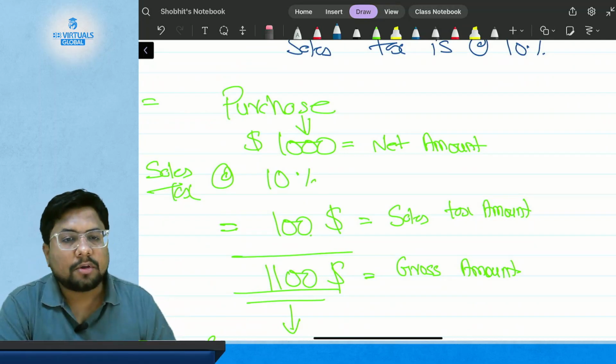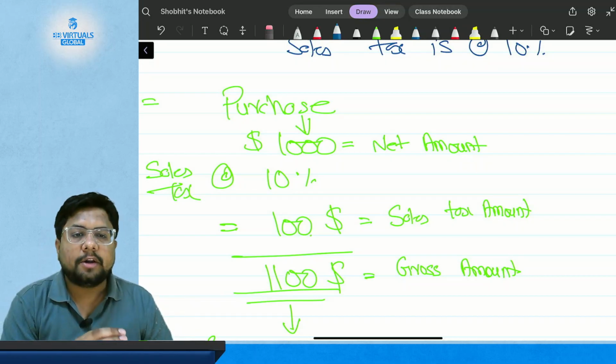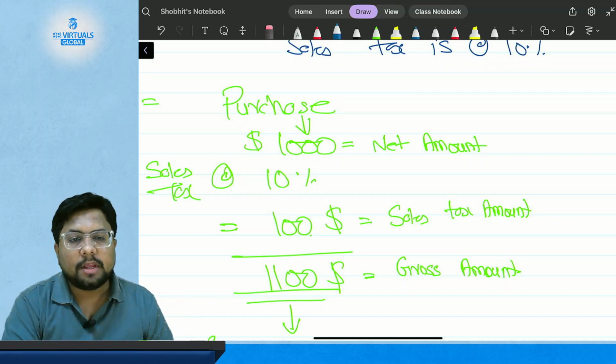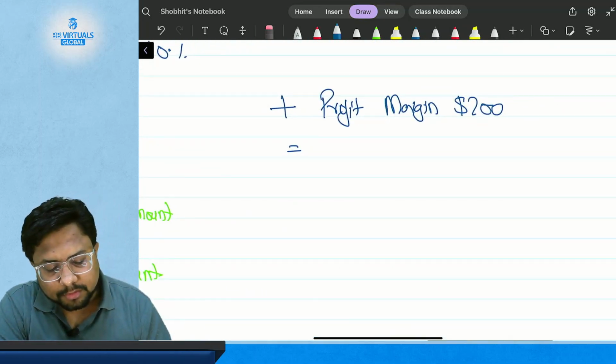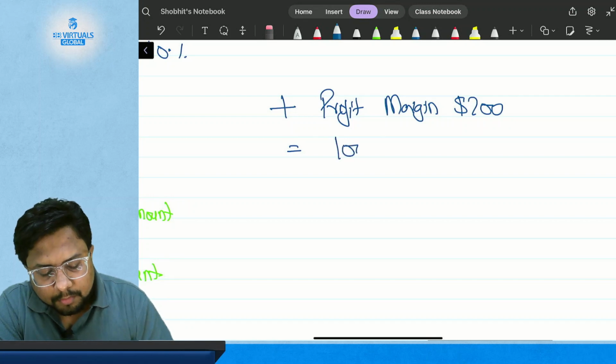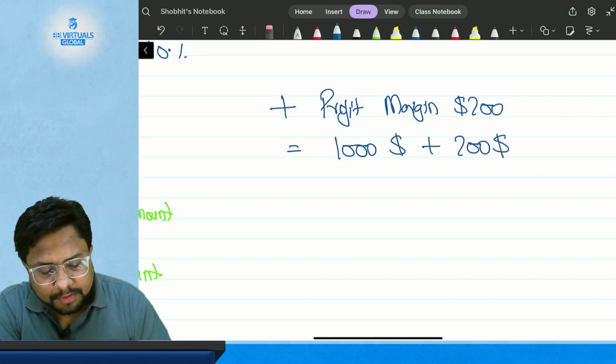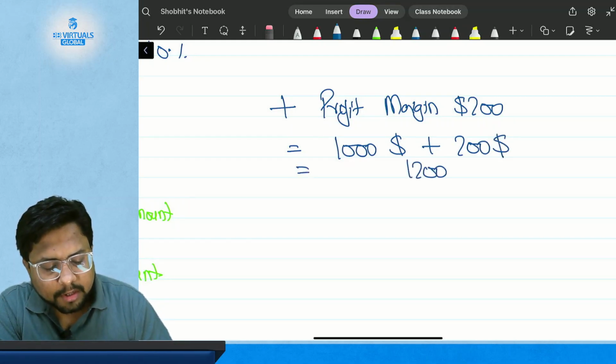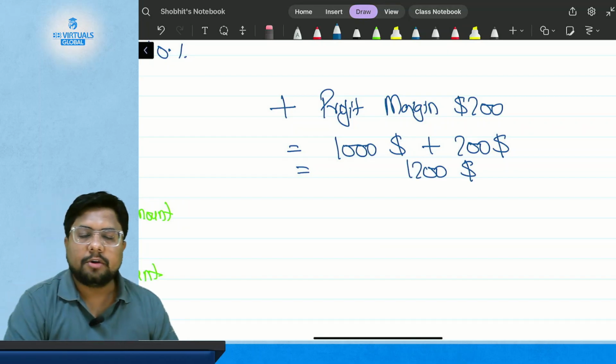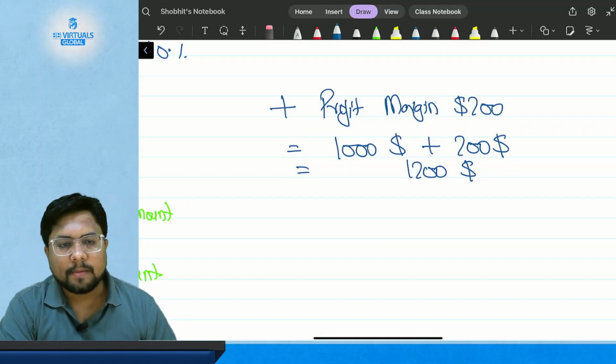You have made the purchase of $1,000 and not of $1,100, because $100 is the tax amount and not the purchase amount. So you have added the margin of $200, which results in $1,200.